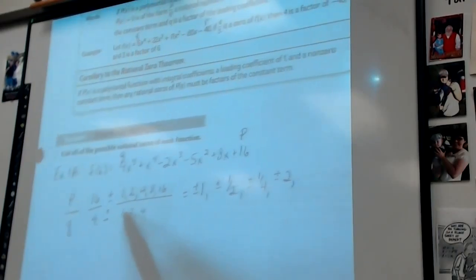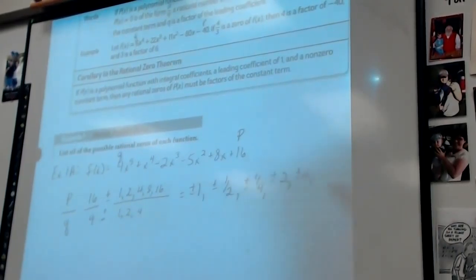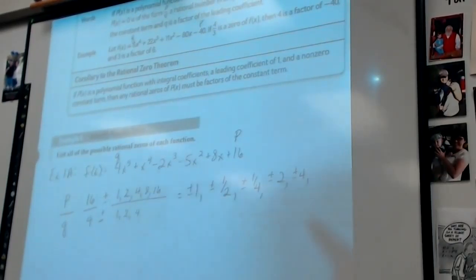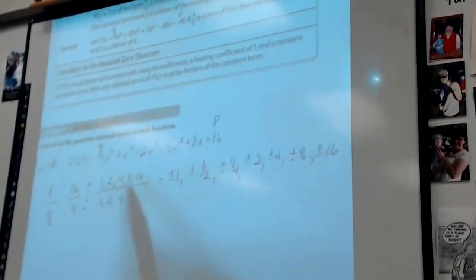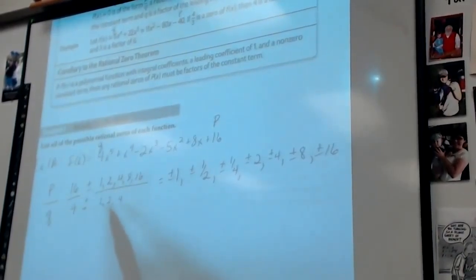4 over 1, 4, so plus or minus 4. 4 over 2, 2, we already have it. 4 over 4, 1, we already have it. 8 over 1, 8, so plus or minus 8. 8 over 2, 4, which is already there. 8 over 4, 2, which is already there. 16 over 1, plus or minus 16. 16 over 2, 8, already there. 16 over 4, 4, already there.